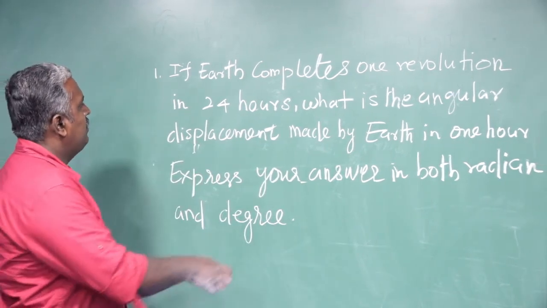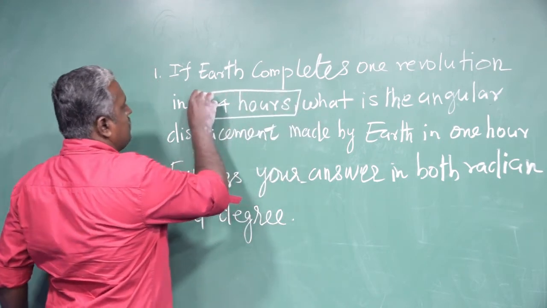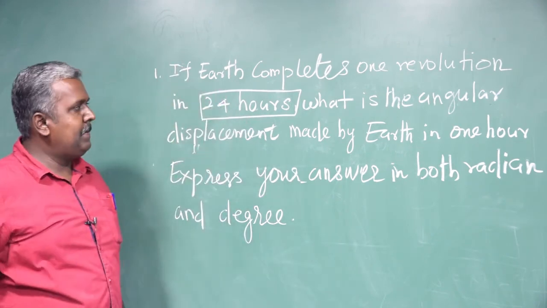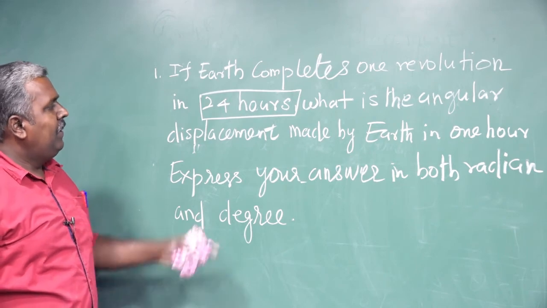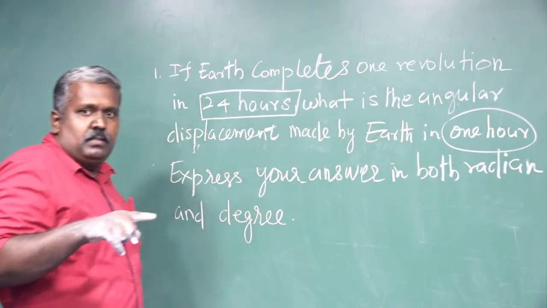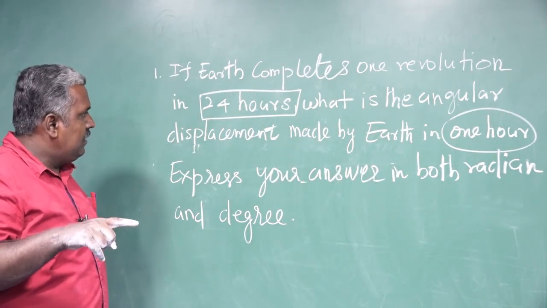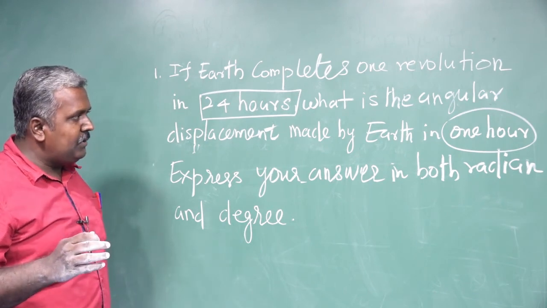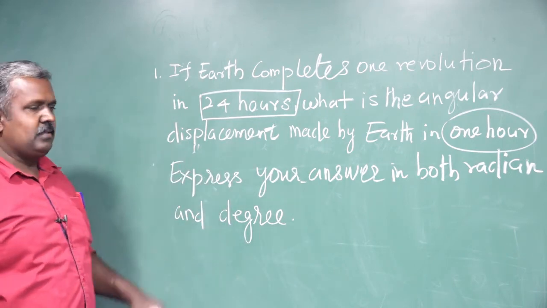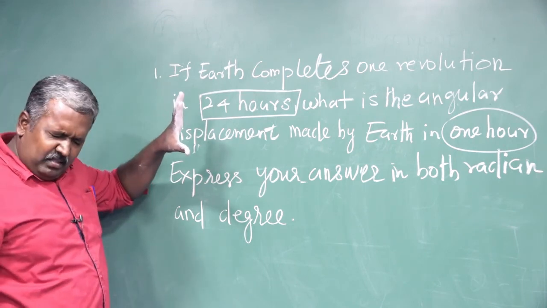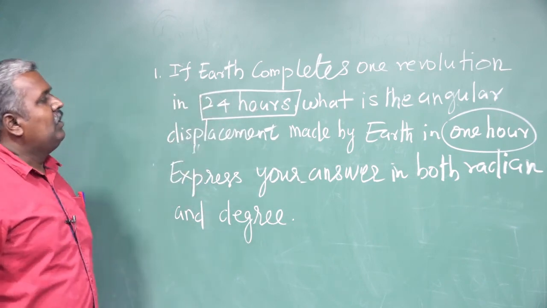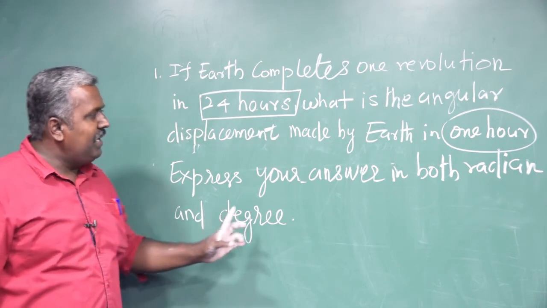If the Earth completes one revolution in 24 hours, what is the angular displacement made by the Earth in 1 hour?